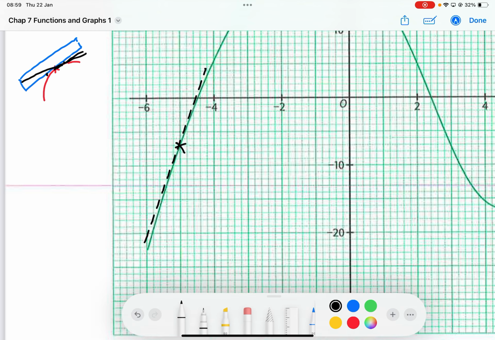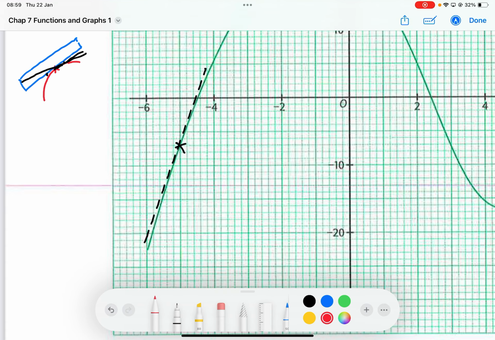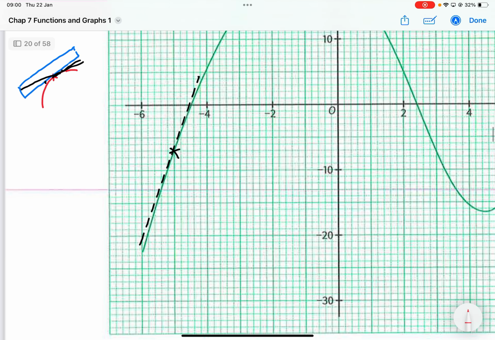Okay, so along my line, I will go and find 2 points so that I can find a gradient. So on the line, I find 2 points. So this one is a nice point because the number is whole number or easier to read one. -6 and -20. You don't need to label the line.